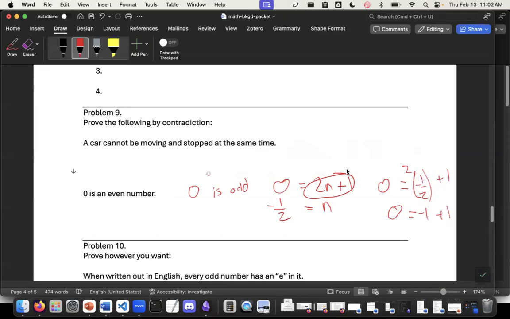Yeah, -1/2 isn't a whole number. It's a fraction. Once we get here, that's our point of contradiction, where we say -1/2, that's not an integer. So contradiction. Therefore, 0 has to be even.